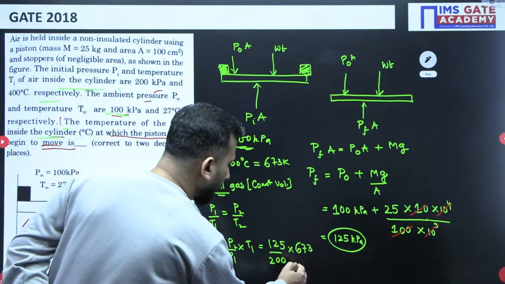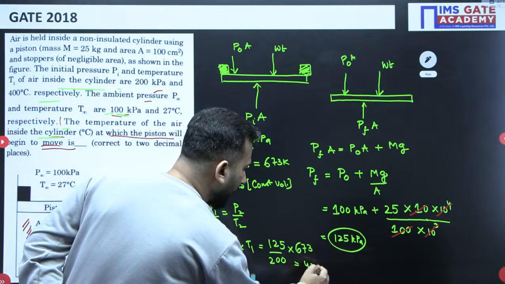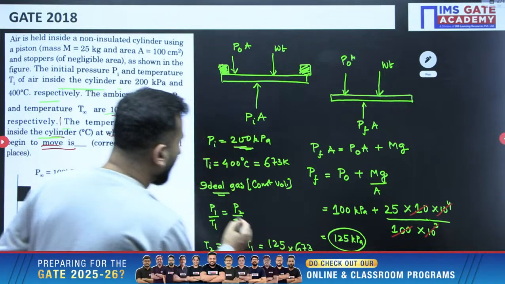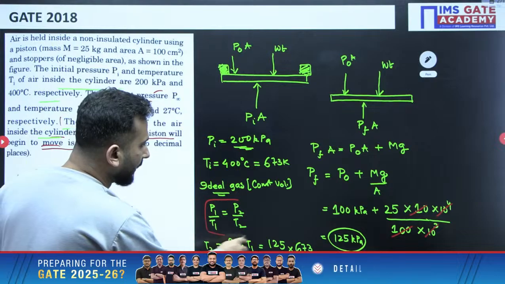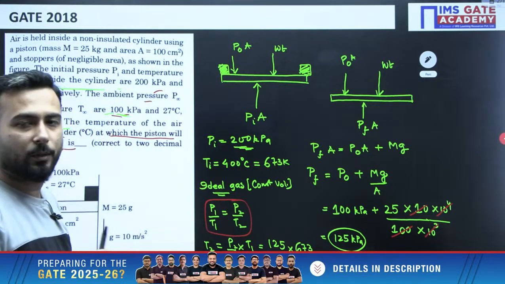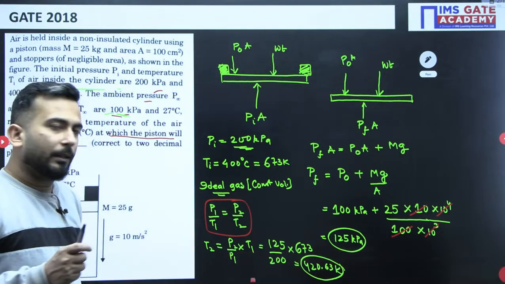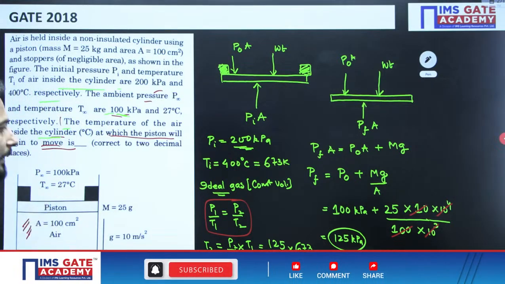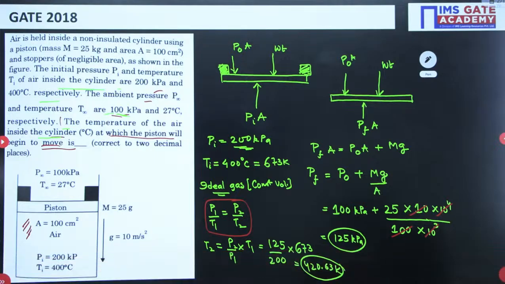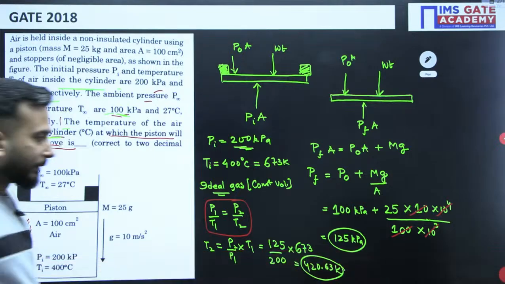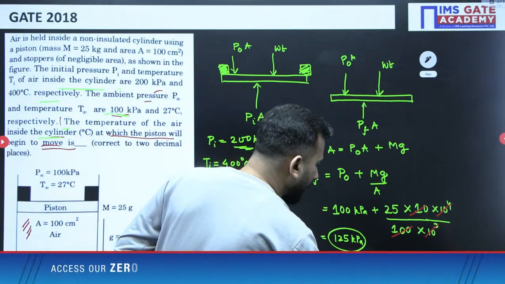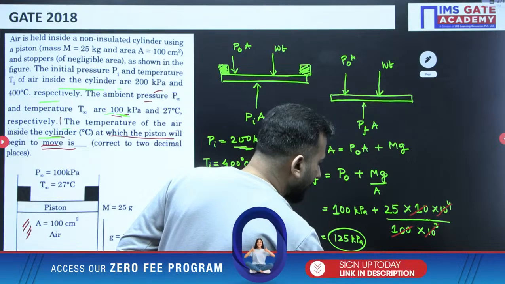420.63 Kelvin will come. Why Kelvin? Because in any ideal gas equation you are using, the temperature must be in Kelvin. But he is asking in degree centigrade, so simply subtract 273 from here and you will get the answer, 147.63 degree centigrade.